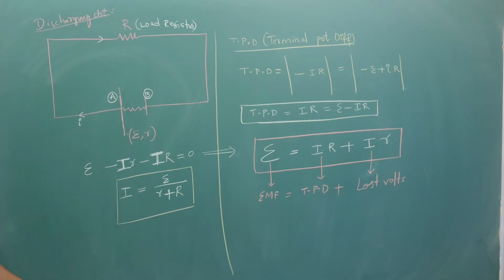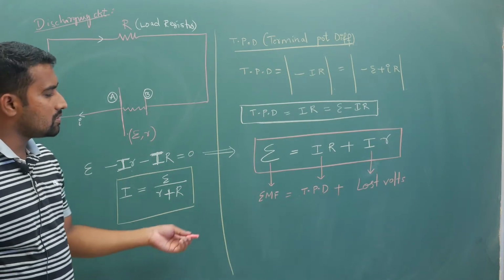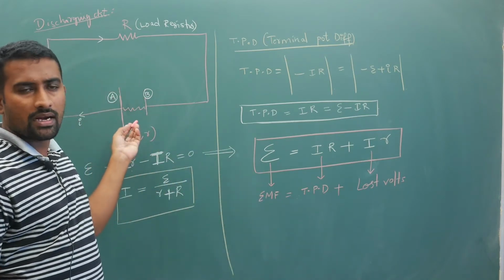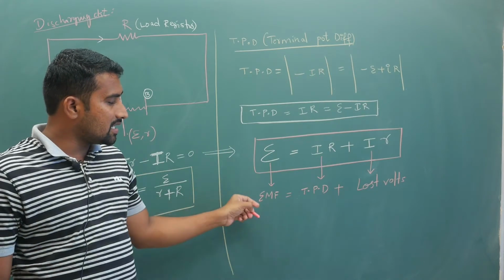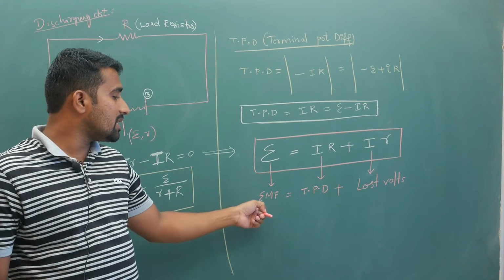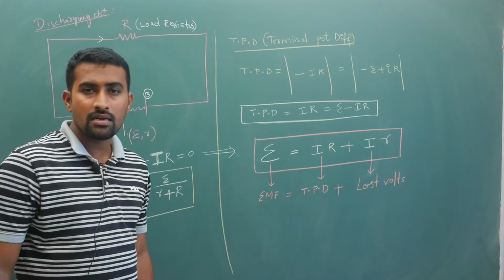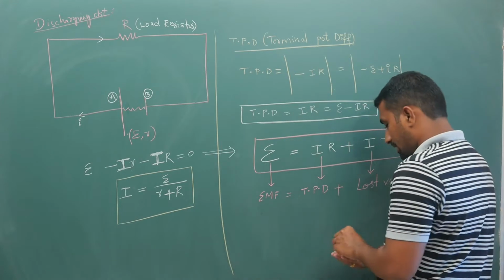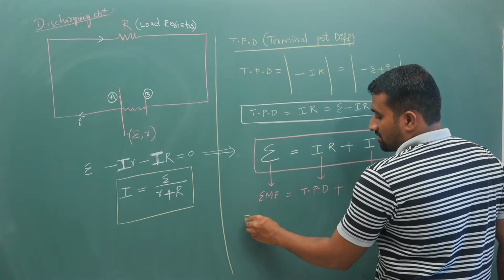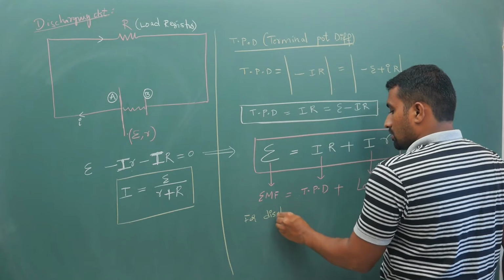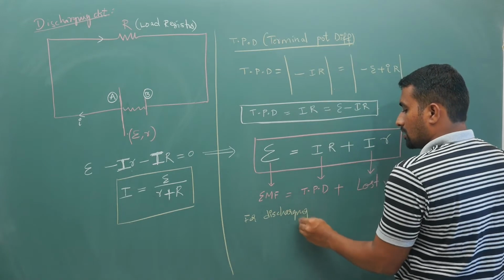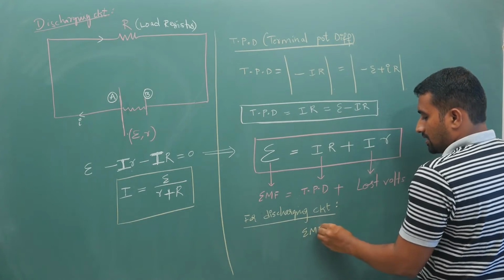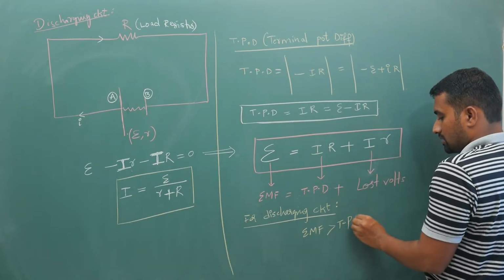Discharge means losing. So here, losing of power from this battery is happening. In a discharging circuit, I can conclude that your EMF is greater than the terminal potential difference. So for a discharging circuit, your EMF is greater than the terminal potential difference.